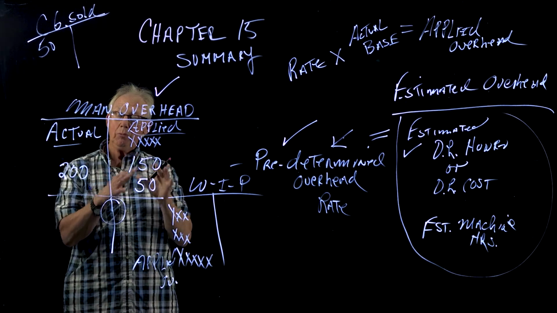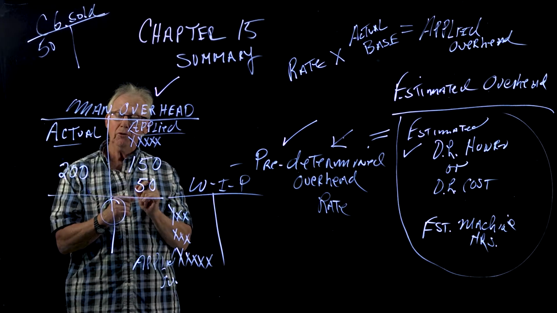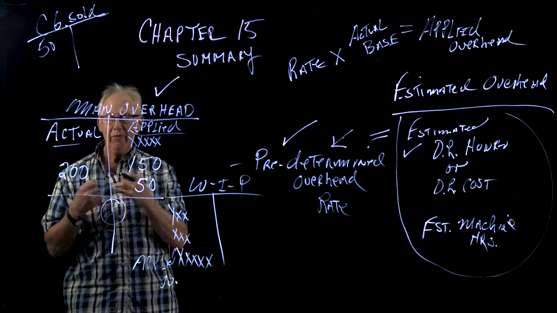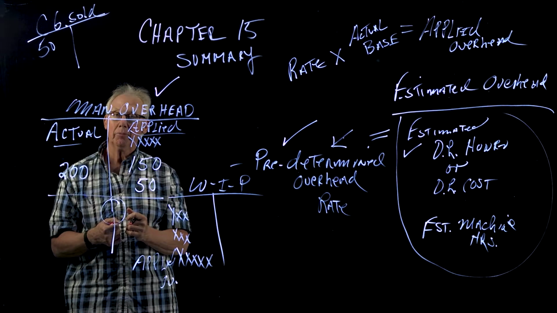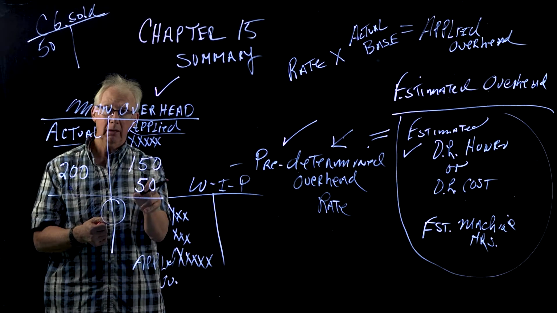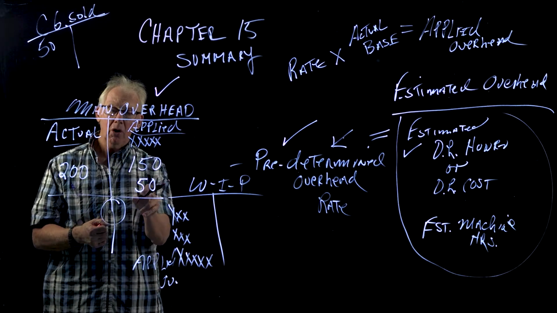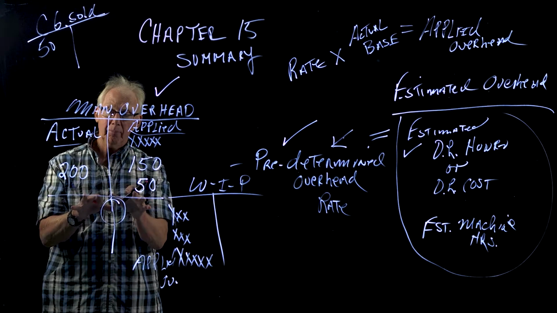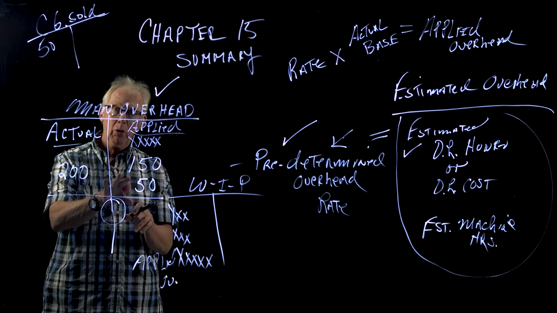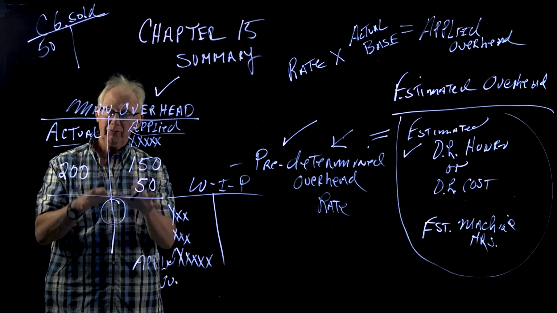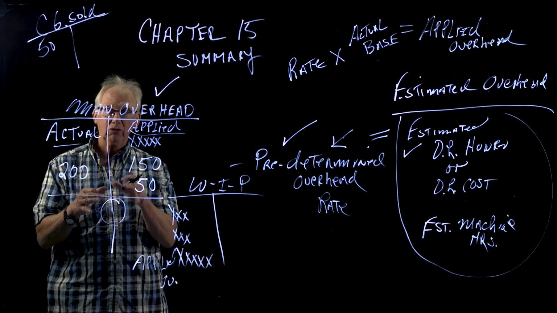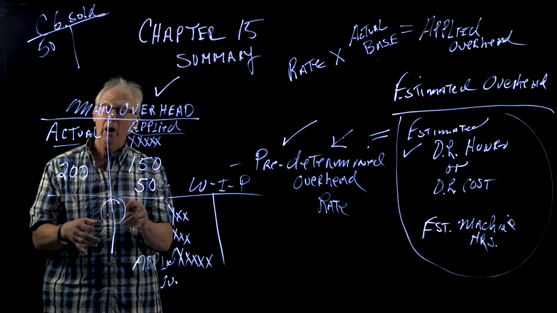And when we debit cost of goods sold for $50, we're actually increasing the cost of that product that we're selling. So when it looked like we were under costing the product, we made a comparison and we saw where the actual was larger than what we applied, and we've got to get to the actual because we're trying to get costs as close as possible to the actual cost.